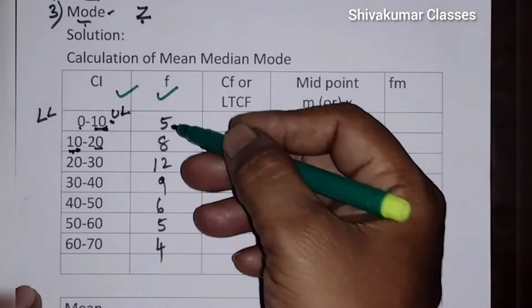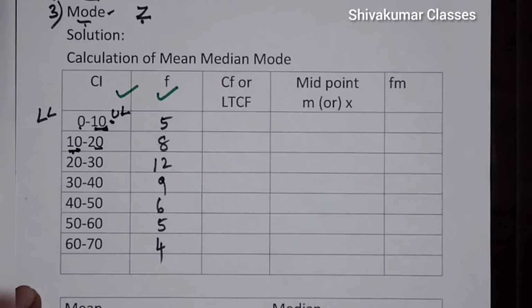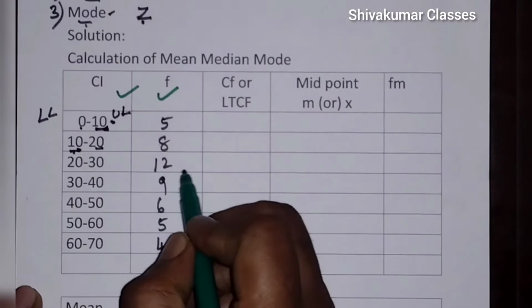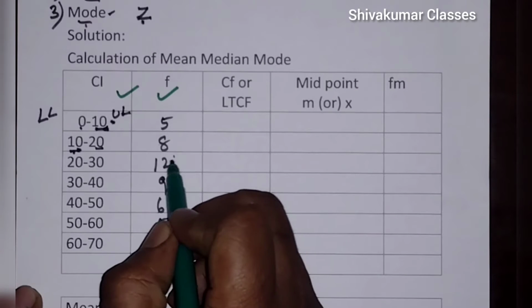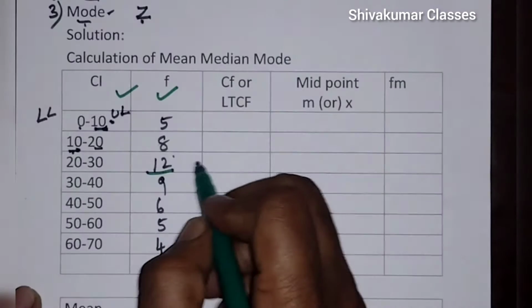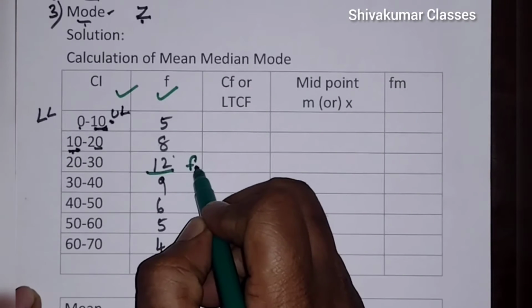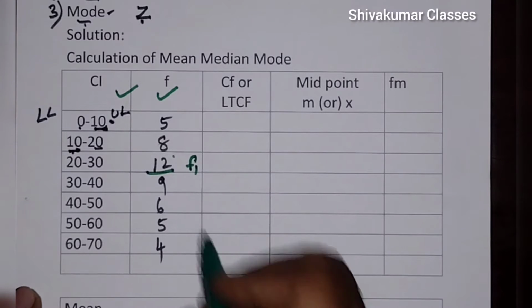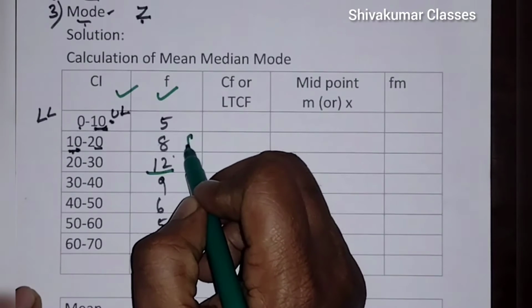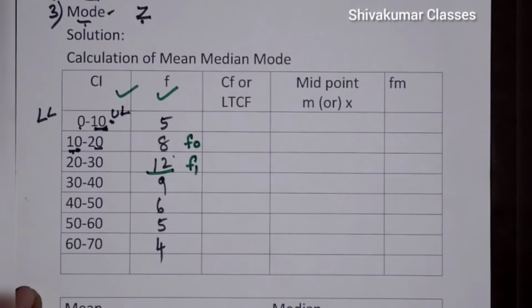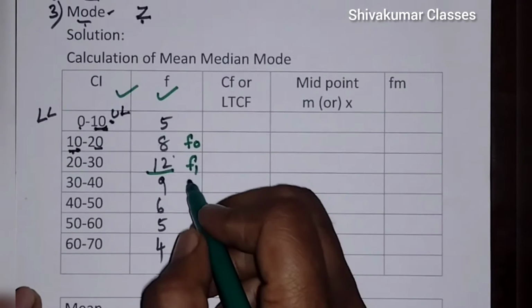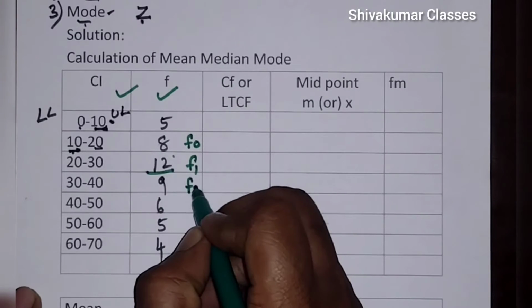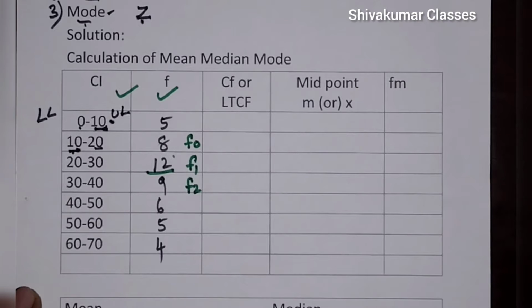Now observe these frequencies. Which is the highest frequency? The highest frequency is 12. The 12 will be called F1, the one previous to F1 we call F0, and the one next to the 12 we call F2.